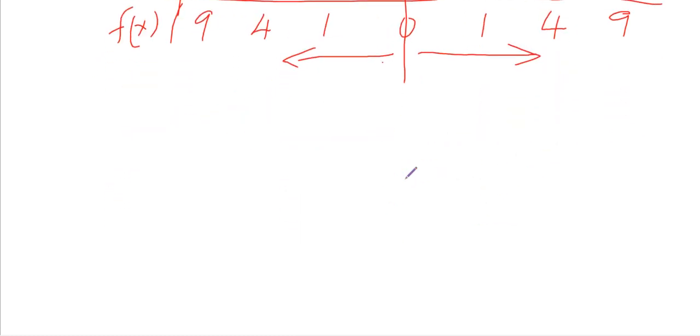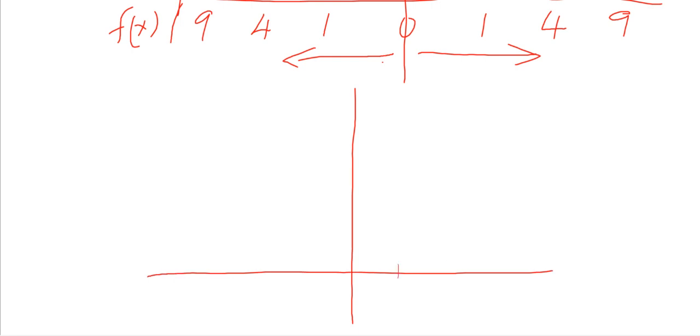So if you were to plot these values, you would see that when x is 1, 2, and 3, for example, and then minus 1, minus 2, minus 3, the value here is 1, then 2, 4, 6, 8, 10.